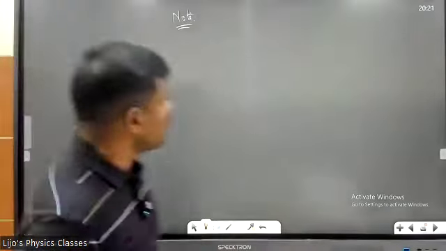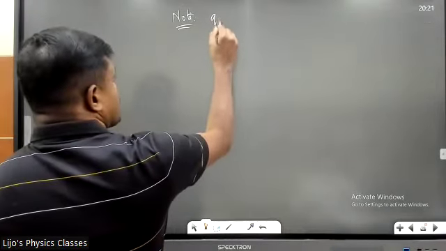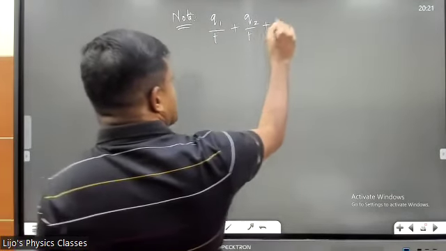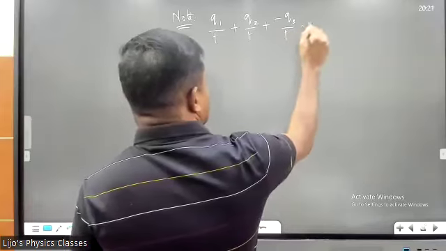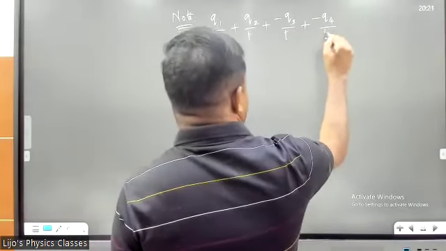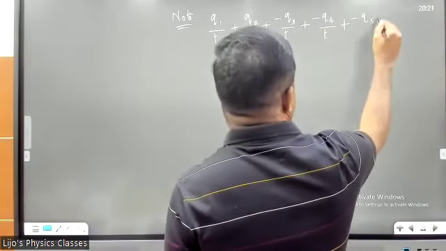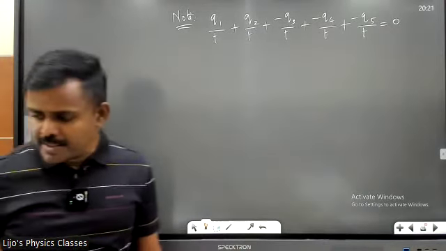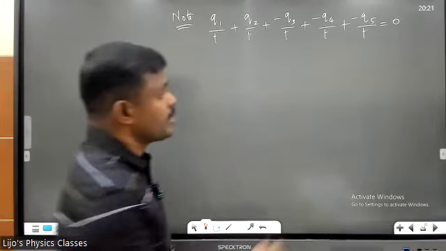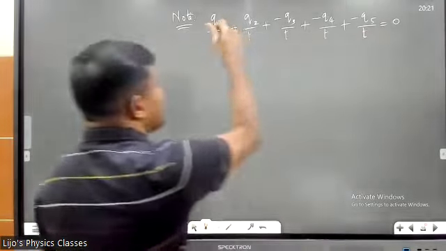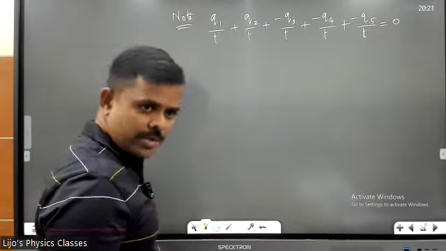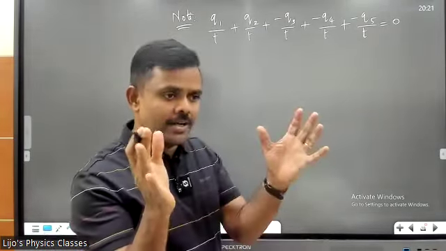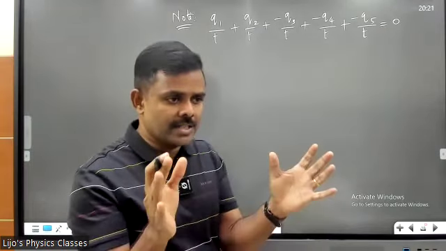All right. Now look, write this: Q1 by T plus Q2 by T plus minus Q3 by T plus minus Q4 by T plus minus Q5 by T is equal to 0. I have written every current as charge by time. First current I1 is Q1 by T, second current I2 is Q2 by T, over the same time.